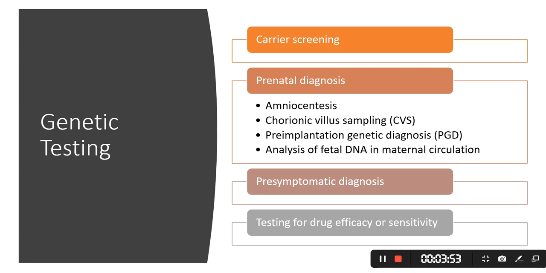Next, genetic testing is done for pre-symptomatic diagnosis. When we know that a person has a family history of a disease, and we want to know if the person is going to develop the disease or not, you can test for the gene. So you check whether the person is carrying the gene or not, like what Angelina Jolie did, right? Her mother had breast cancer, and the defective genes are BRCA1 and BRCA2. We have read so much about it.